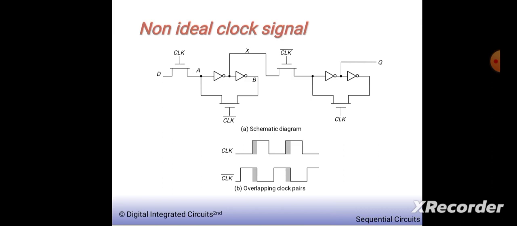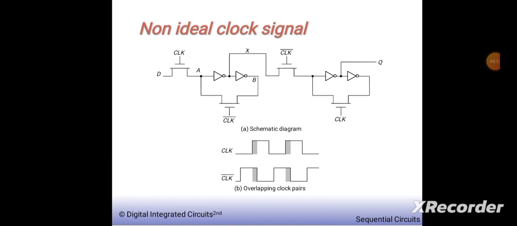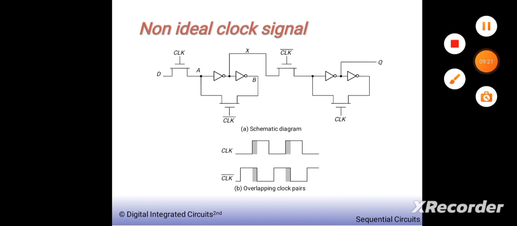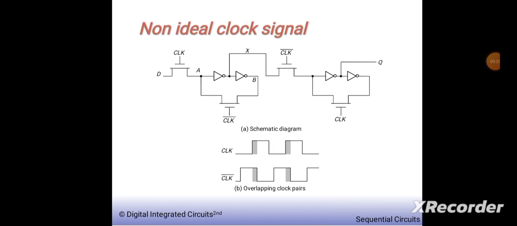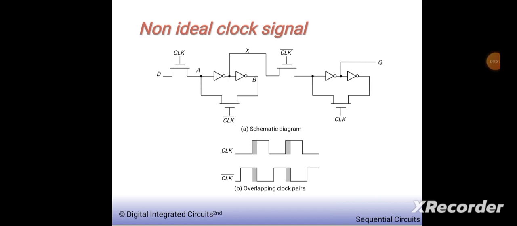With this we may avoid the overlapping of your clock pairs. That's what we expect in our master slave D latch registers. So thank you. Let's see in our next lecture.